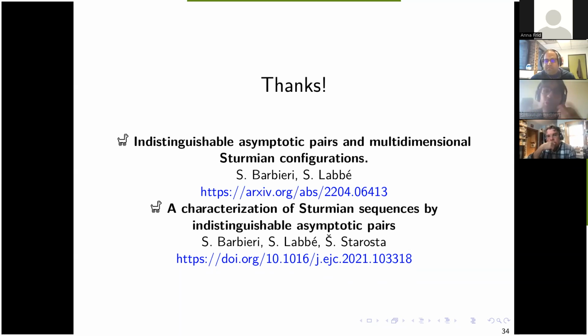We know how to construct these multidimensional Sturmian configurations and we know how to compute the complexity for every finite connected support. So you can think of this as some lower bound. It's not really close to a proof, but it gives some info on that problem. Not very strongly connected, but that's the best I could do.